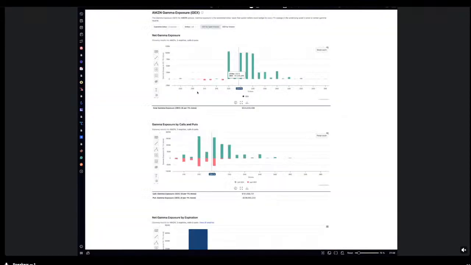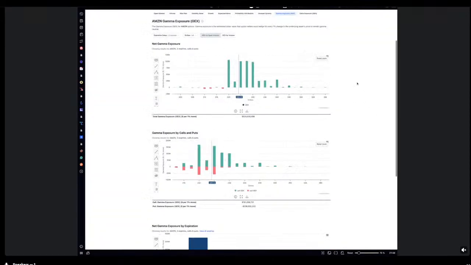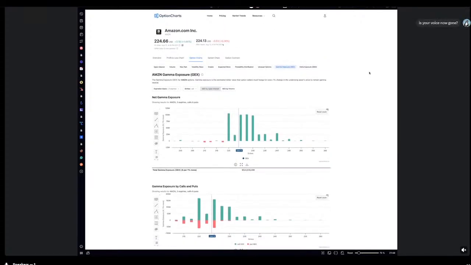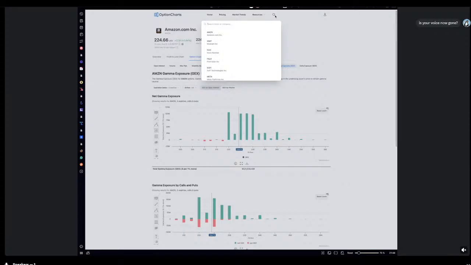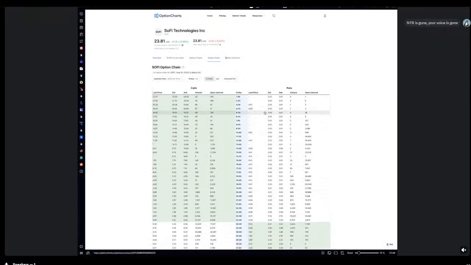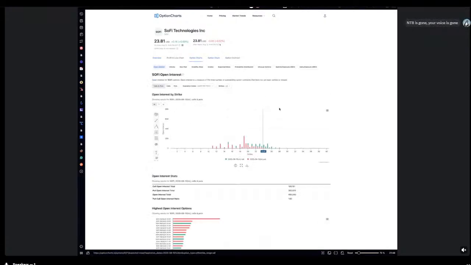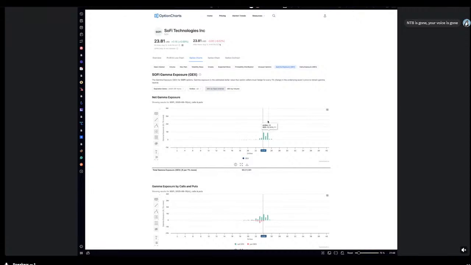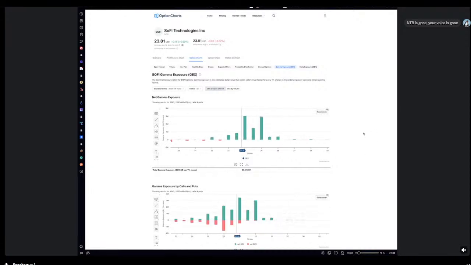The other thing to note as well is on these charts, when you have tickers that are lower value, someone mentioned Sophie before. This is a stock I know nothing about, by the way. Like literally nothing. It's harder to use these on these tickers because the tickers are less in value generally.